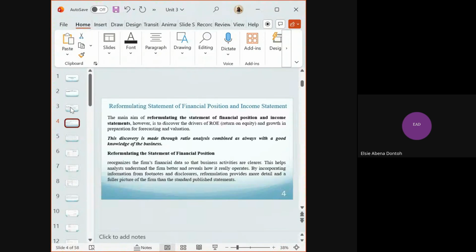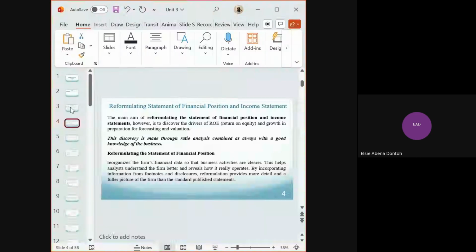The aim of reformulating them is to discover the return on equity and growth in preparation, which will enable analysts and the various stakeholders in their forecasting and valuation. This discovery is made through ratio analysis, combined as always with a good knowledge of the business.